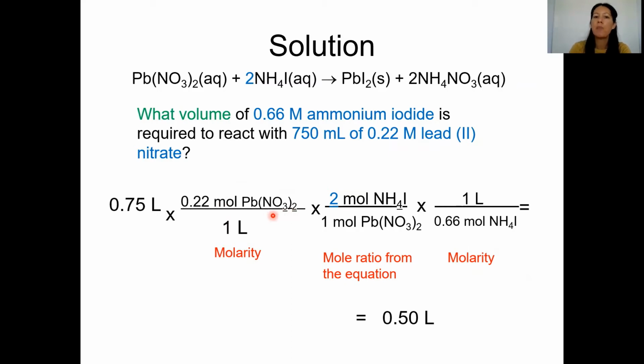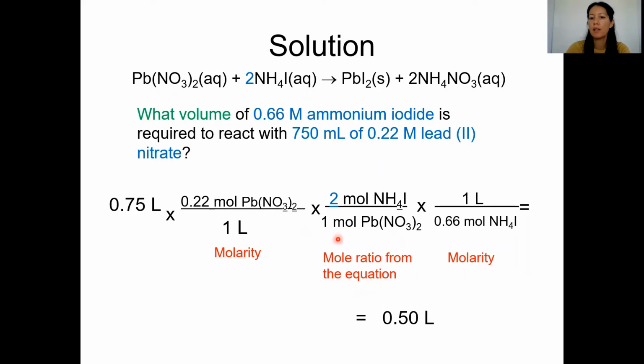But I asked you about the volume of ammonium iodide. The only way you could get volume is knowing moles first and using molarity. The only way you can get information about ammonium iodide is the equation. And you'd use the coefficients, 1 to 2. So for every 1 mole of lead nitrate, you react with 2 moles of ammonium iodide. That's the mole ratio from the equation.